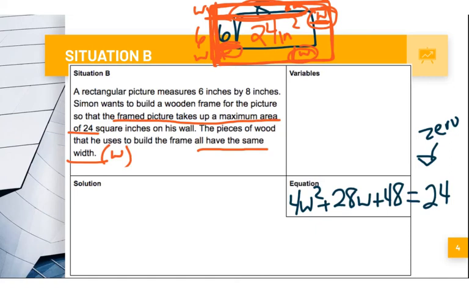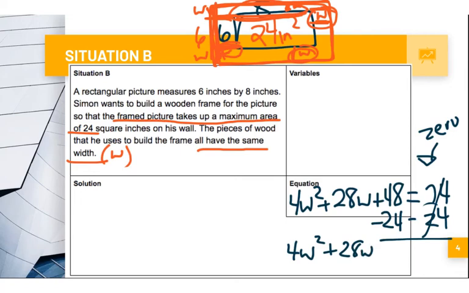The first thing I want to do is subtract 24 on both sides. I'm subtracting it from the 48 because those are like terms. So I've got 4W squared plus 28W plus 24 equals 0.